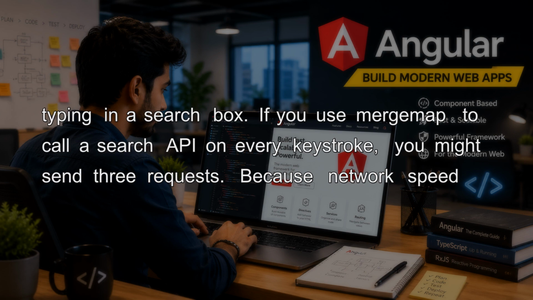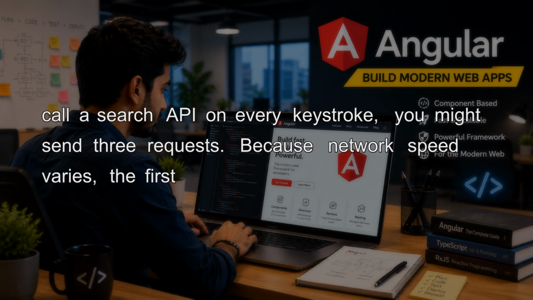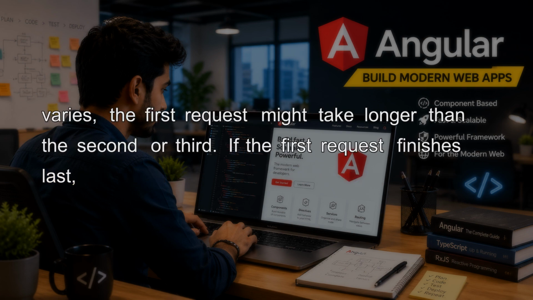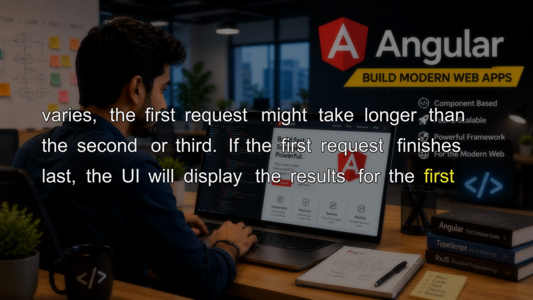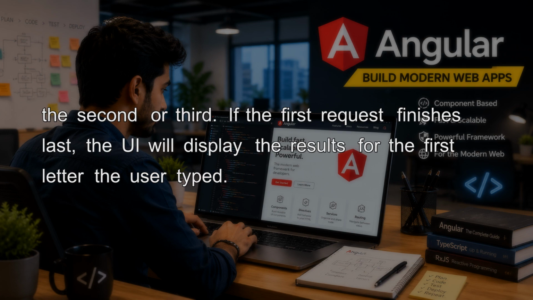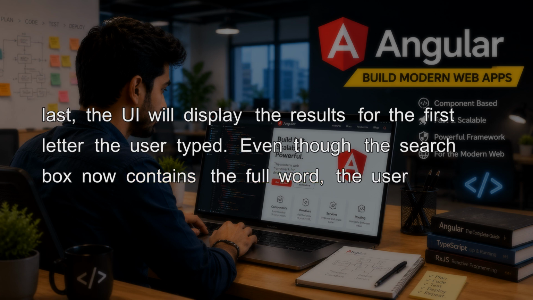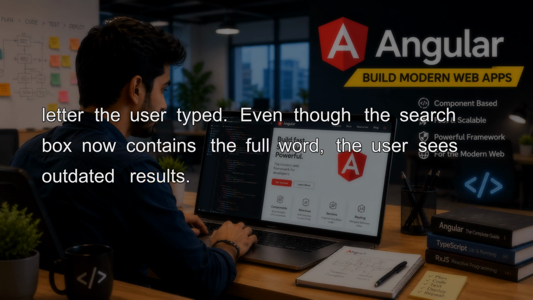Because network speed varies, the first request might take longer than the second or third. If the first request finishes last, the UI will display the results for the first letter the user typed, even though the search box now contains the full word. The user sees outdated results.